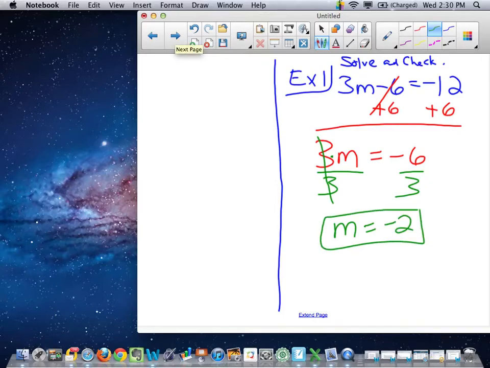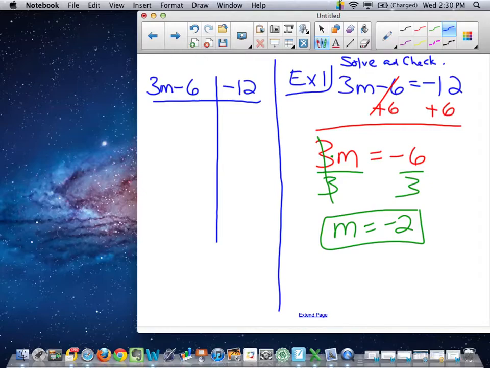Now, just to save space, so I can stay on the same screen, I'm going to check it. On the left side of the t-chart goes the left side of the equation. On the right side of the t-chart goes the right side of the equation. I think the answer is negative 2. I'm not sure. I'm going to plug it in to find out.